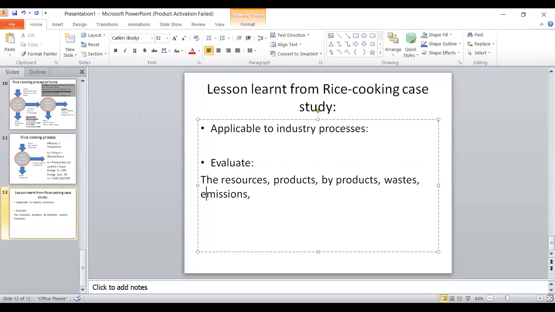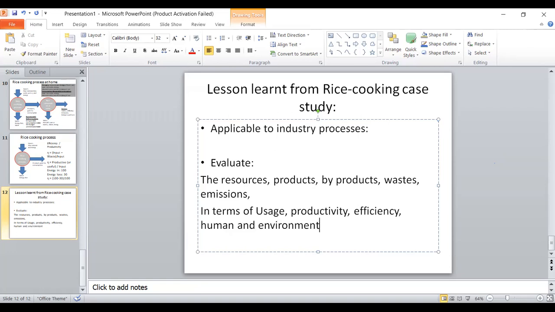Evaluate this in terms of consumption or resource usage, productivity, efficiency, and human and environmental risks.